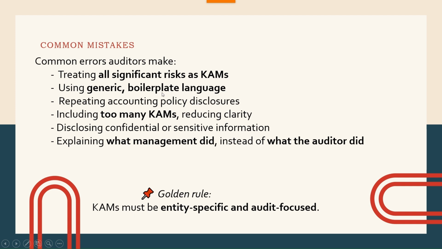The auditor also sometimes includes too many KAMs, or explains management actions instead of audit procedures. The golden rule for this standard is KAMs must be entity specific and audit focused.